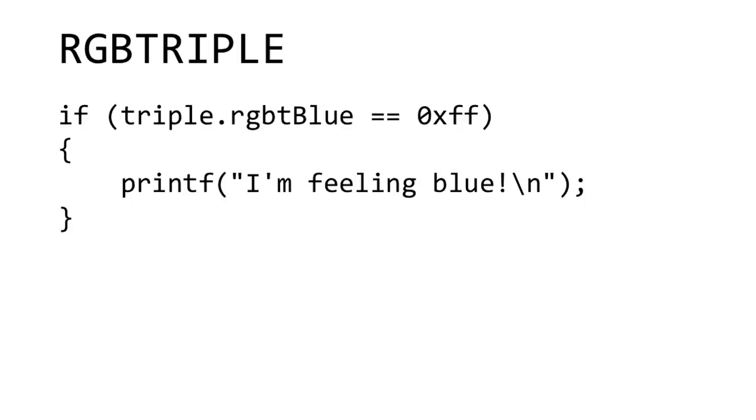You can access and change the RGBTRIPLE colors just as you do for any other variable. For instance, this code here asks if a triple's blue component is full, and if so, prints "I'm feeling blue."